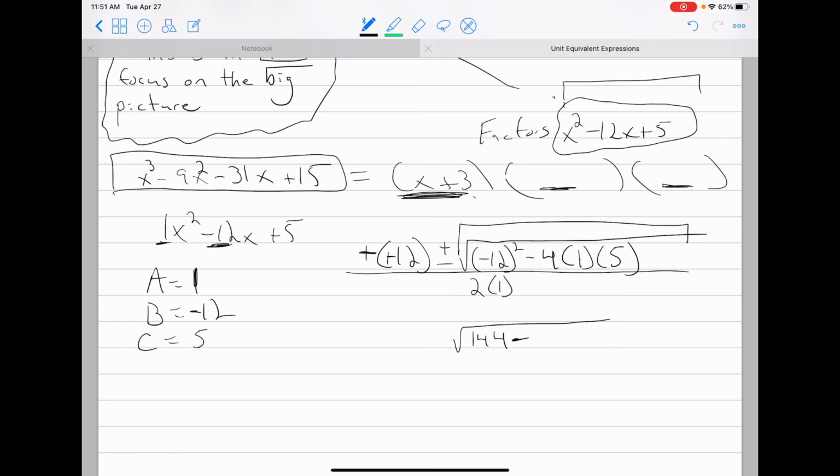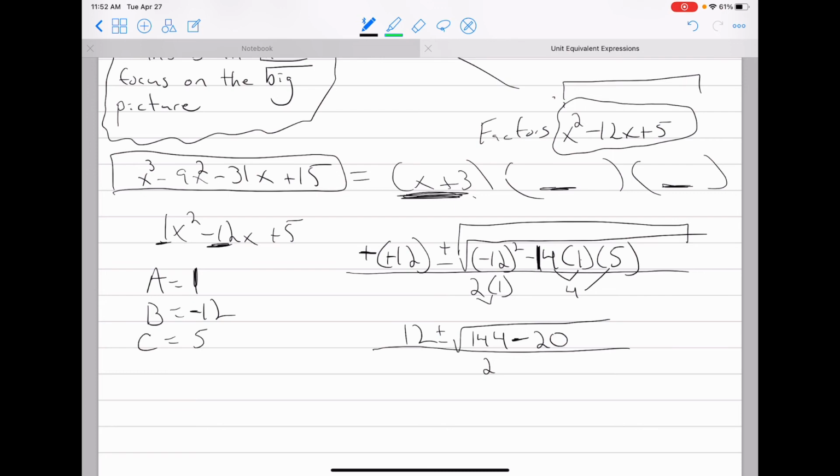Here's where people mess up. I write the minus sign, right? So I already used the minus sign. I'm going to do 4 times 1, which is 4. 4 times 5, which is 20. So this is minus 20. Over, this is 2. This is a plus minus, and this is 12, okay?